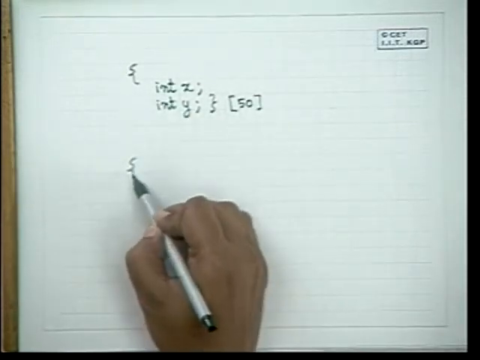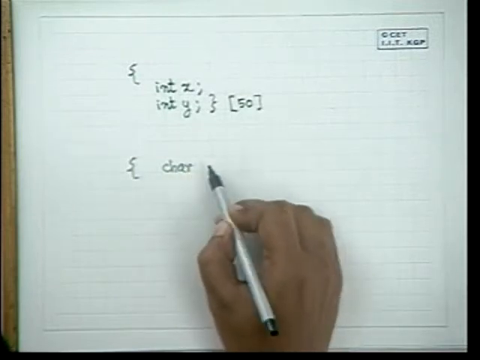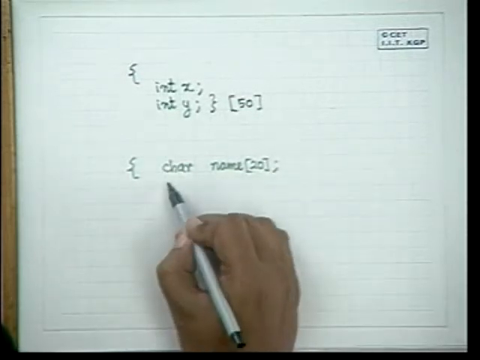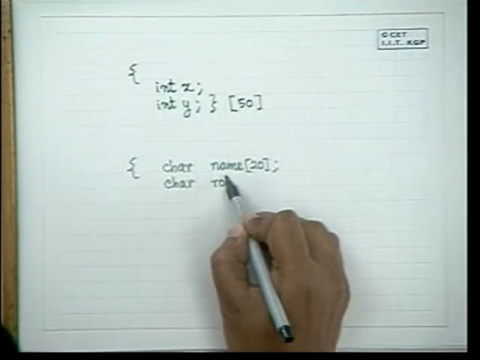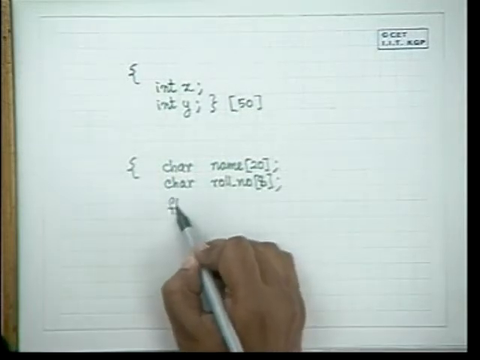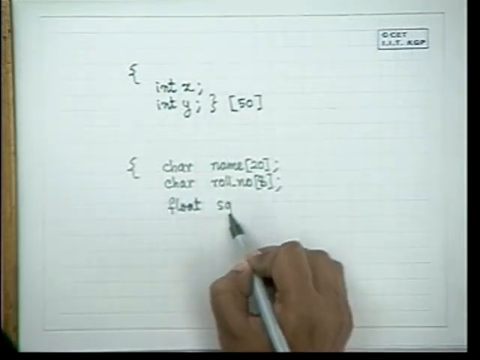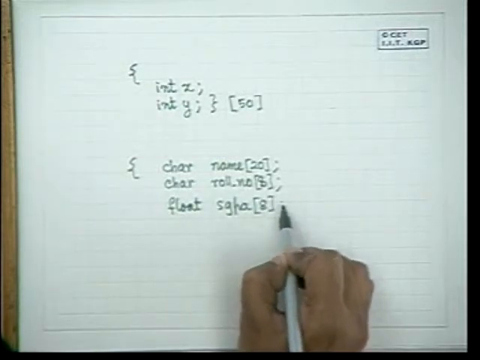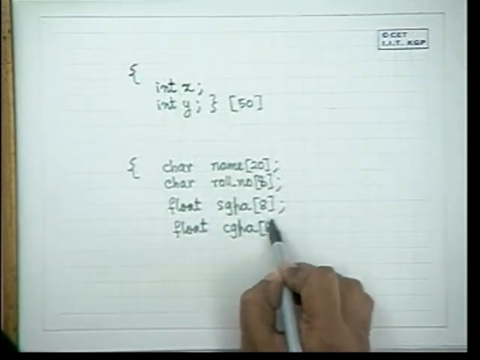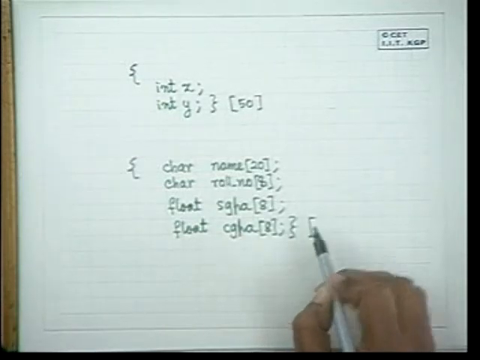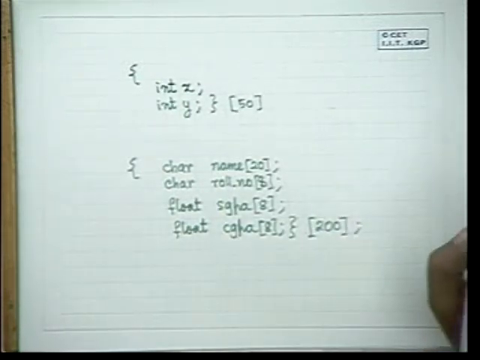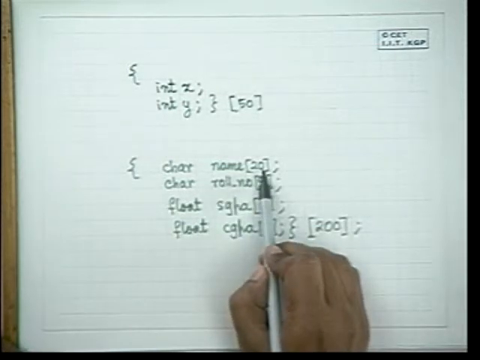And in the roll number situation, we would like to define character name, say 20, character roll number, what did we have, 8, float SGPA 8, float CGPA 8, and have an array of 200, something like this. This is a character array for strings.